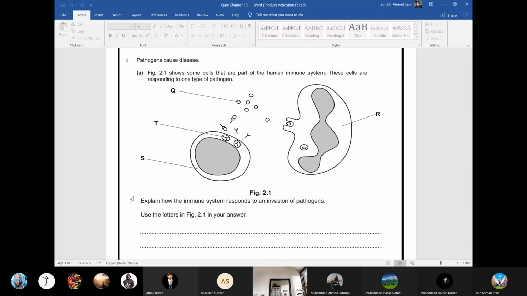Use letters in figure 2.1 in your answer. Yes, boys. Anyone? It's not difficult, boys.